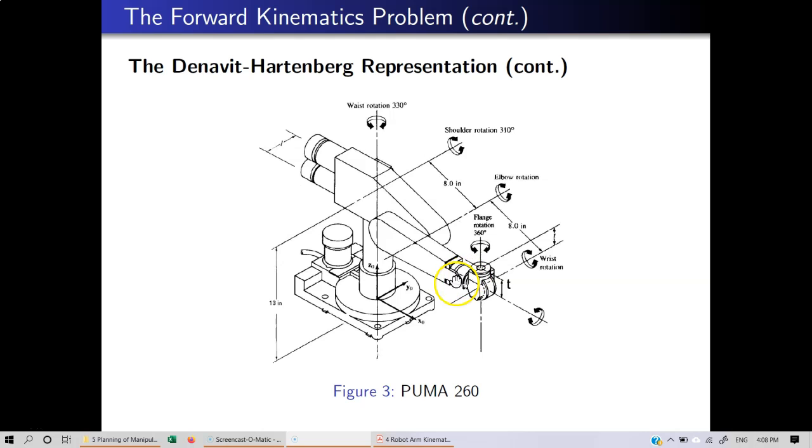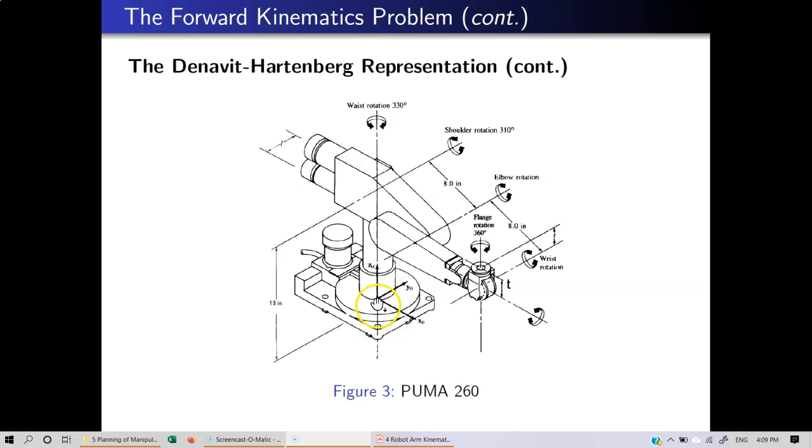The first one will be the base coordinate frame, and according to the algorithm, Z0 should be along the axis of rotation of joint number 1. As you can see, the base coordinate frame has already been established for us. This is Z0, and X0 and Y0 can be arbitrarily assigned as long as the coordinate frame obeys the right hand rule.